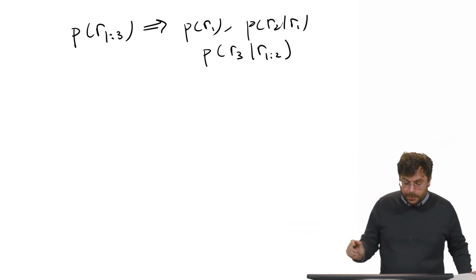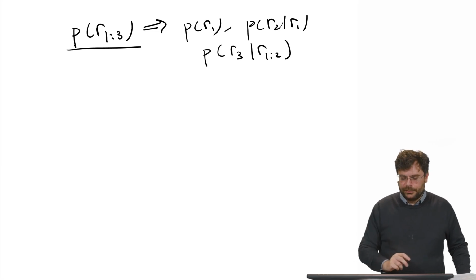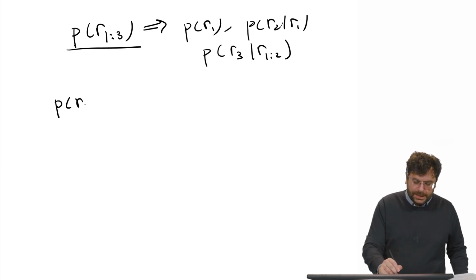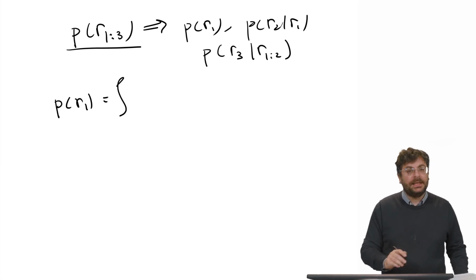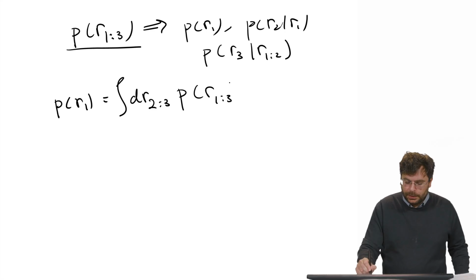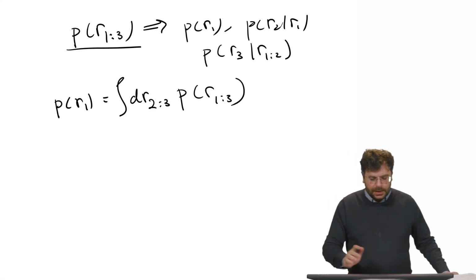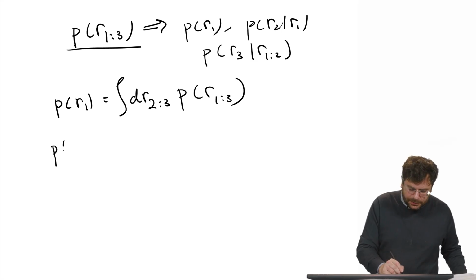Okay, well, let's do it step by step. I assume that I have the joint distribution. Then P of R1 I obtain by marginalization of 2 variables, R2 to 3, of P of R1 to 3. So far, so good.